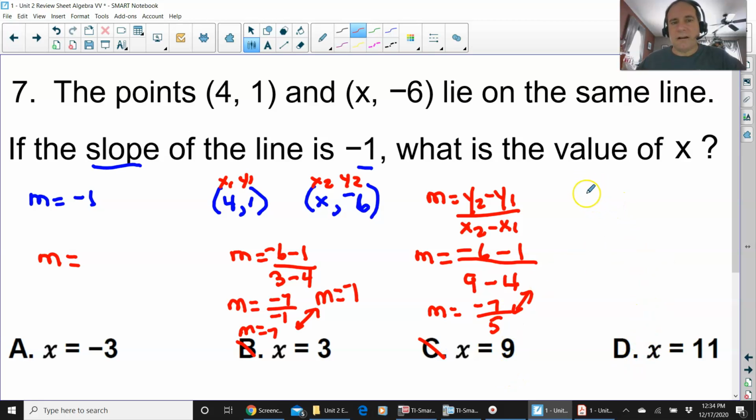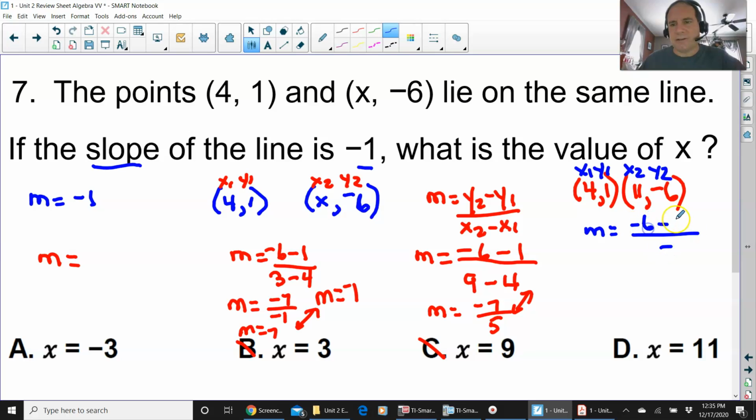So instead of x, I'm going to put 11, so the points are 4, 1 and 11, negative 6. All right, so we're going to label x1, y1, x2, y2. And we're going to use the slope formula again. We're going to set that up, minus, minus, negative 6 minus 1, and 11 minus 4.